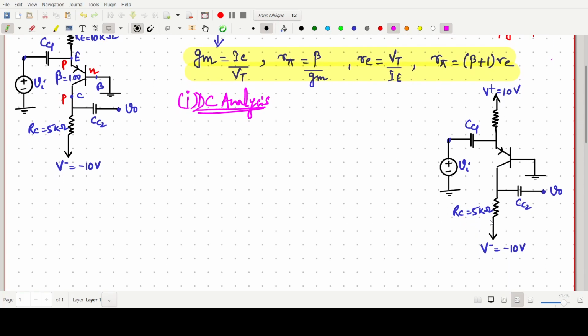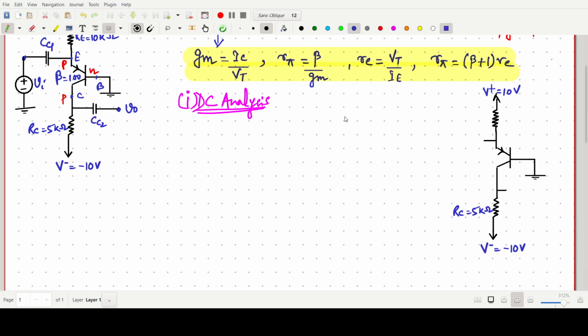For the DC analysis, the capacitors are of no use, so we remove the capacitors and the input signal source.